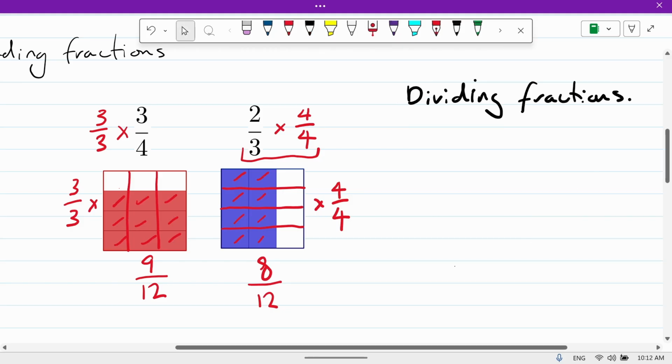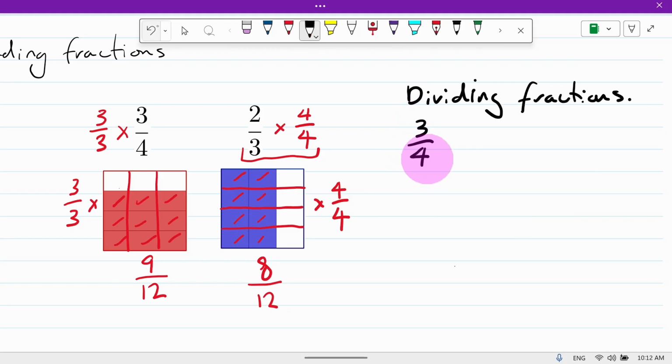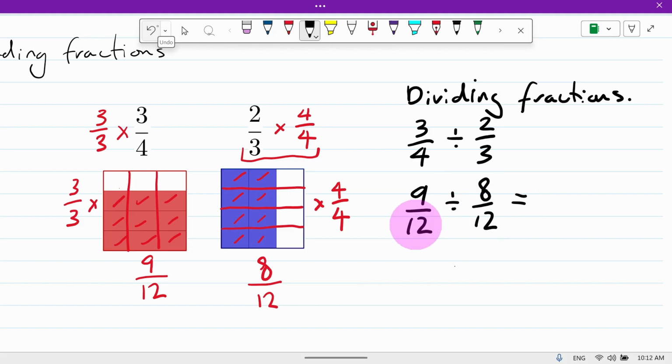Okay, here dividing the fractions, 3/4 divided by 2/3. Well, we have to once again get a common denominator. Okay, and we have transformed it here. 3/4 is 9/12, and 2/3 is 8/12. We have 12 goes into 12 once, and 8 goes into 9.